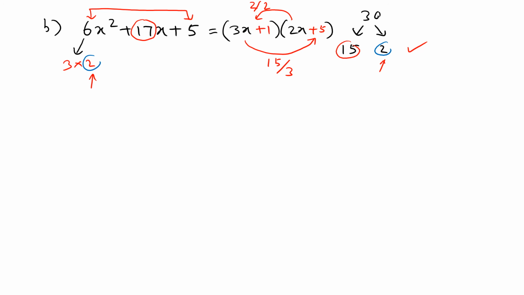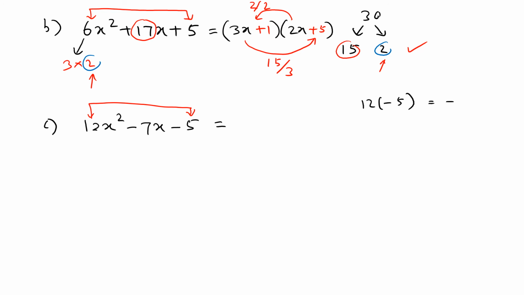So let's do just one more problem, because this is a kind of new idea. 12x squared minus 7x minus 5. Again, we can look at the product of these two, which is 12 times negative 5, which is negative 60.